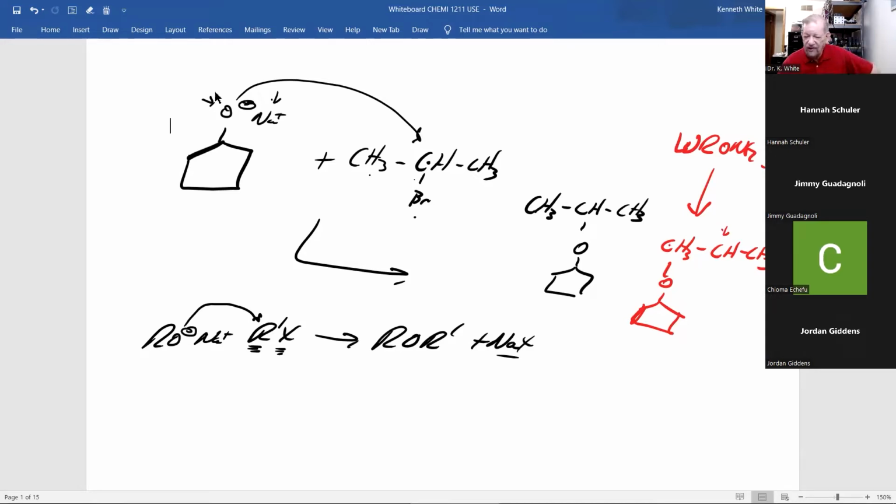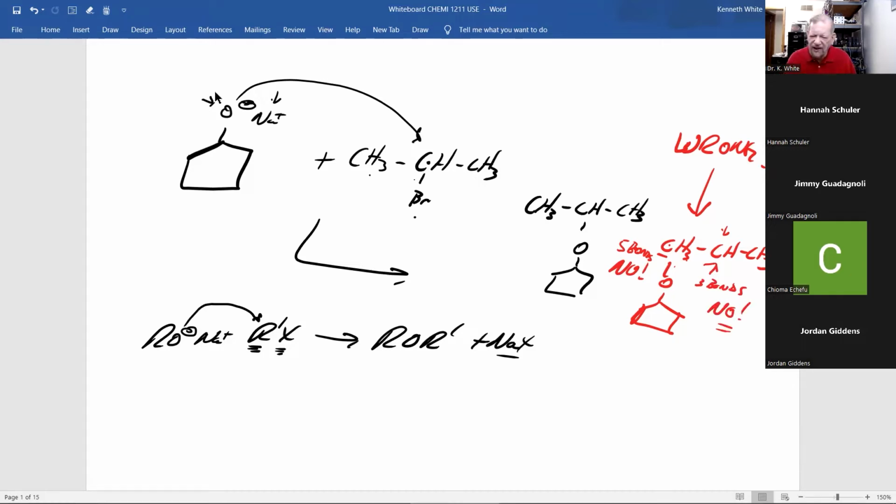And also, if you look at this carbon, you've got 3 hydrogens, 2 bonds, 1 to oxygen, carbon. That's 5 bonds to carbon. And that's no. So placement of where you bond things is very important. And if you were to look at this carbon, it only has 3 bonds, which is also no, can't happen.